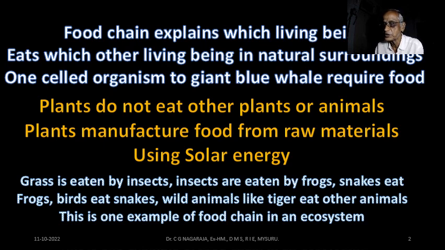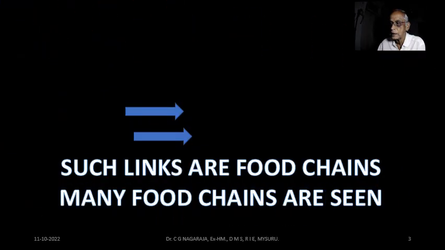So for all these things, food is supplied by means of plants. So plants are called producers, animals are called consumers. We shall see more about this in the next PPT.